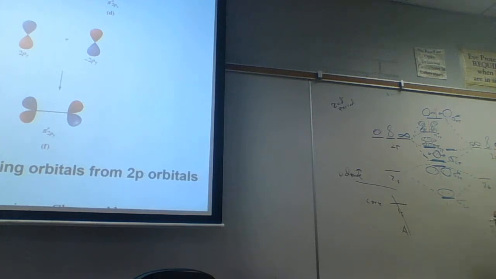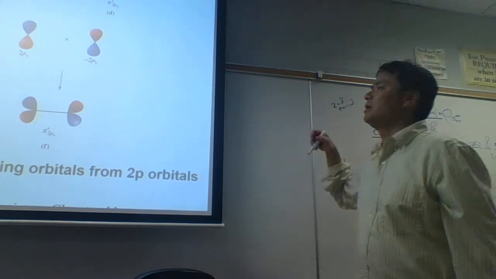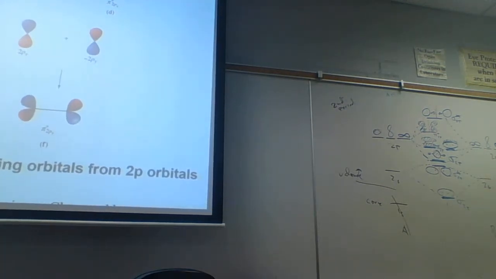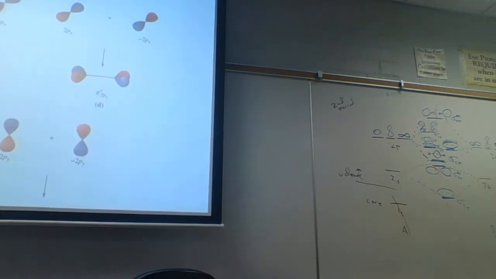And so what that's going to lead to is a lobe that sticks out of the board. So to show it sticking out, I'll just shade it. And a lobe sticking into the board like this. And so it'd just be this one rotated 90 degrees. So if we take this one rotated 90 degrees, then we get this one here. One lobe sticks out of the plane, the other lobe sticks in.